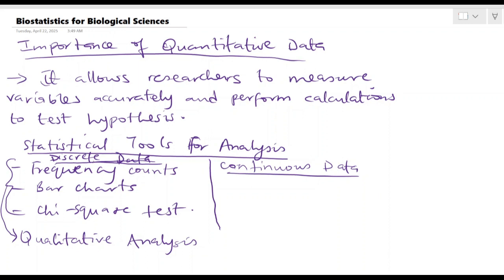The tools we use for continuous data are techniques like your histogram. Continuous data can be subdivided into fractions and further broken down into different sub units, so you use things like histogram. Then you have regression analysis.